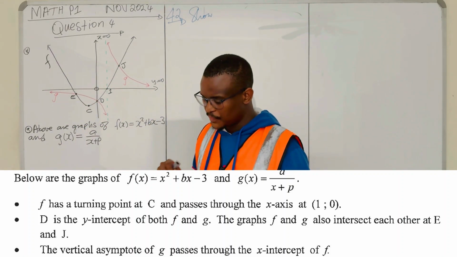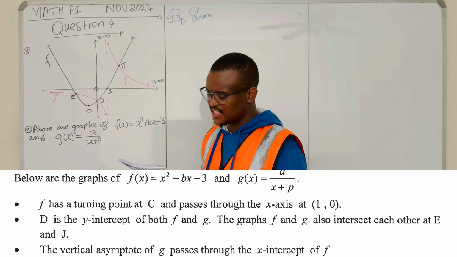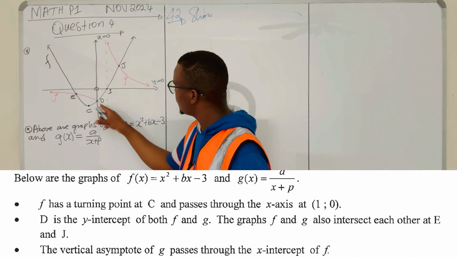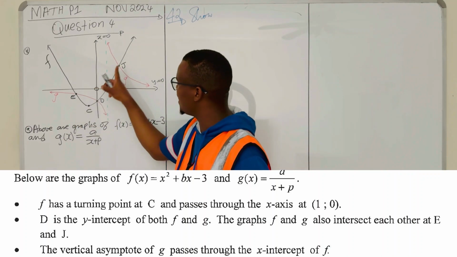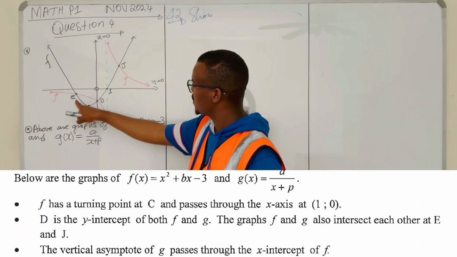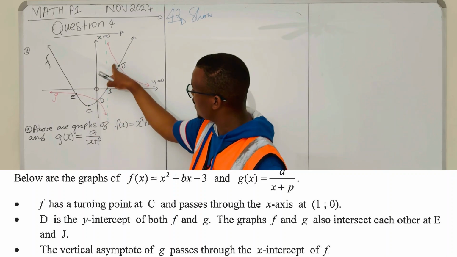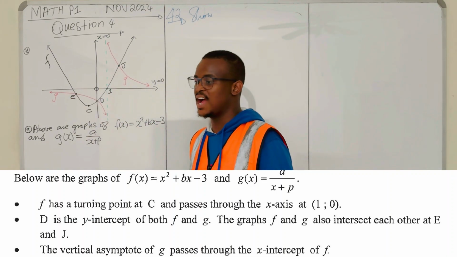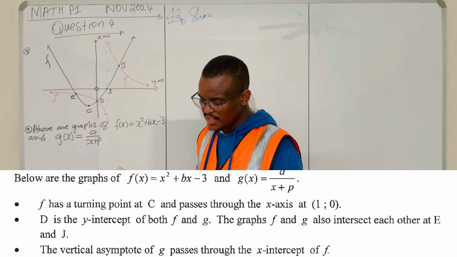No problem. They are saying the graphs of f and g intersect at e and j. But those are not the only intersections. There are 3 intersections. There's this one here, there's this one there, and that one over there. But those two, e and j, are the ones we're told are intersections. Fine.